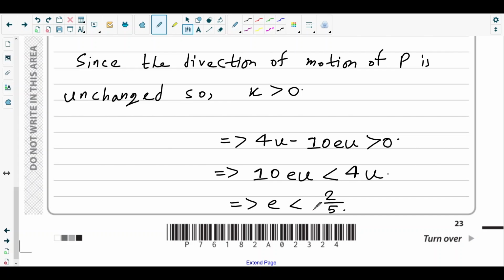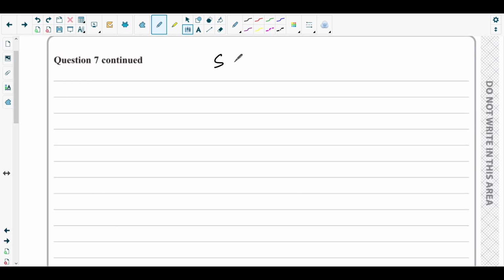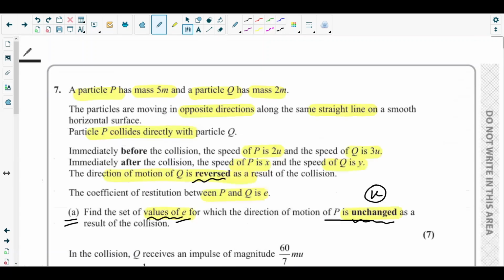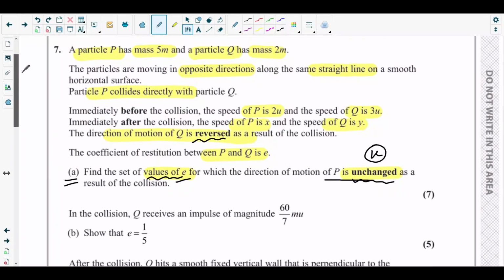Okay, and we know that the minimum possible value for e, Newton's coefficient of restitution, is basically 0. Therefore, the question has asked for the set of values of e, so e should be greater than 0 and less than 2 over 5. That's the set of values of the coefficient of restitution that part A of question number 7 has asked to find out.